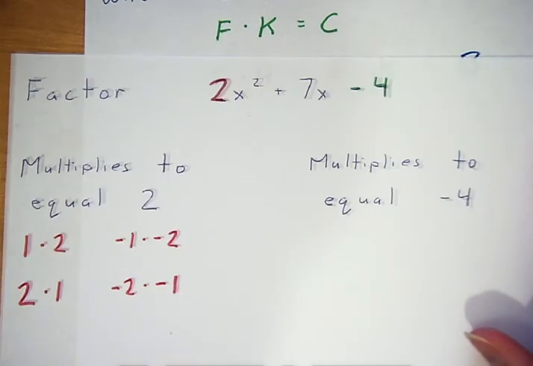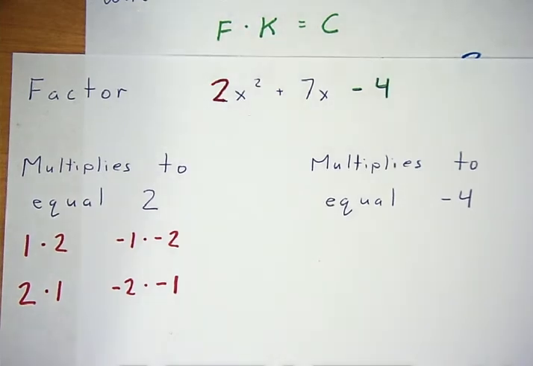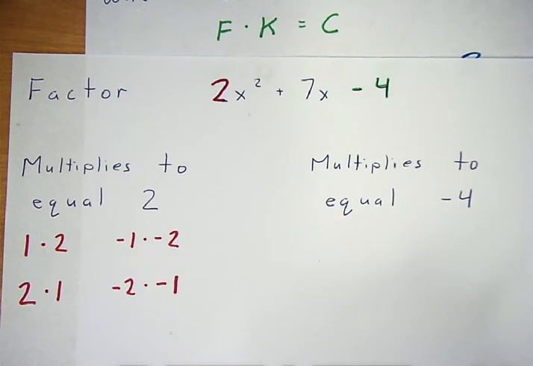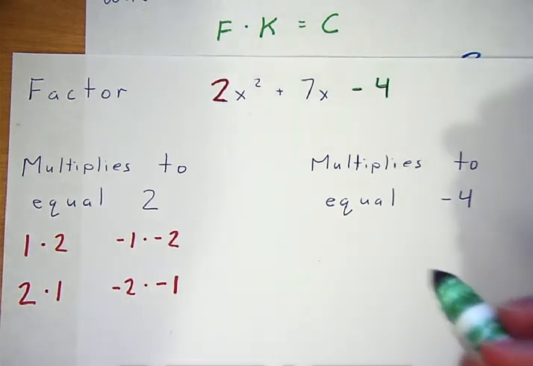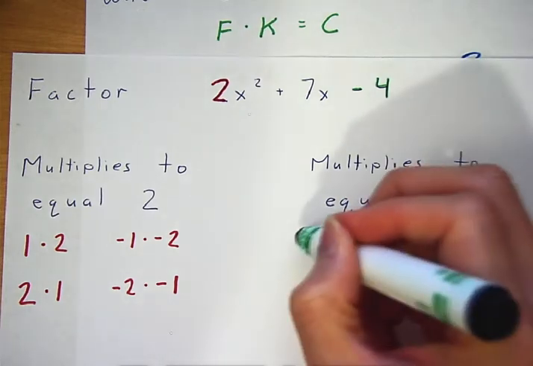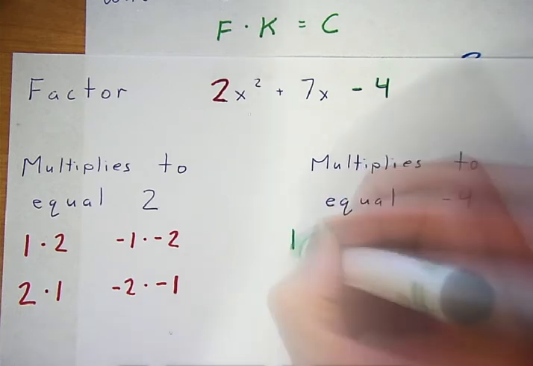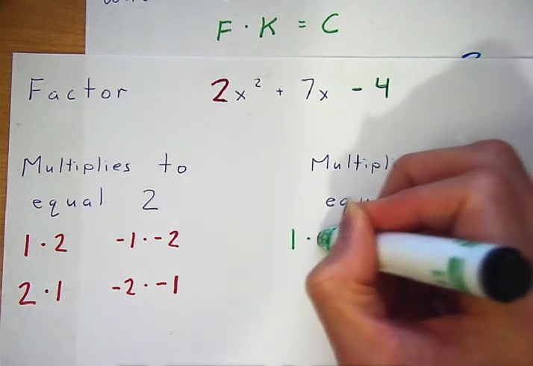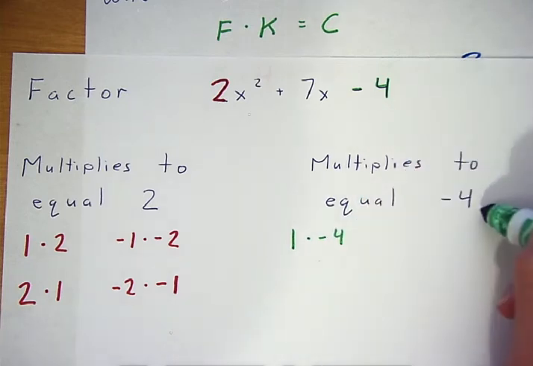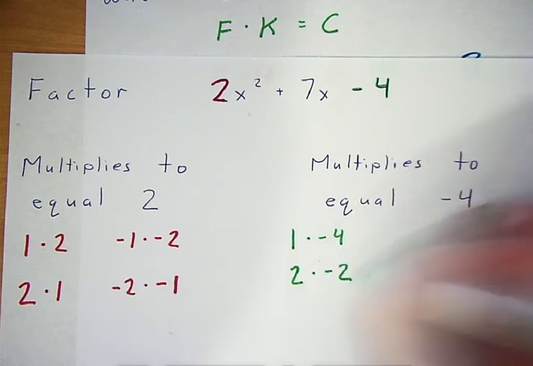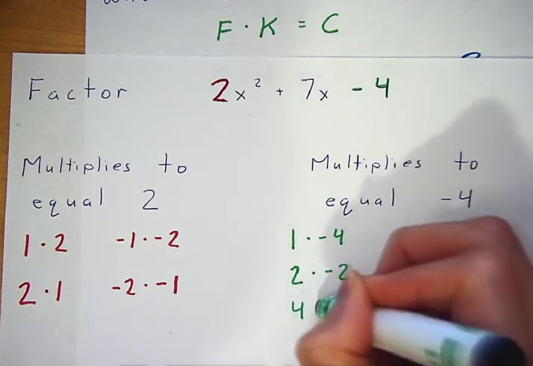I'm going to try to keep myself organized here again. Once again, I'm going to start with the smallest positive number, so 1. So I know that 1 multiplied by -4 equals -4. 2 multiplied by -2 gets me -4. And then 4 multiplied by -1.